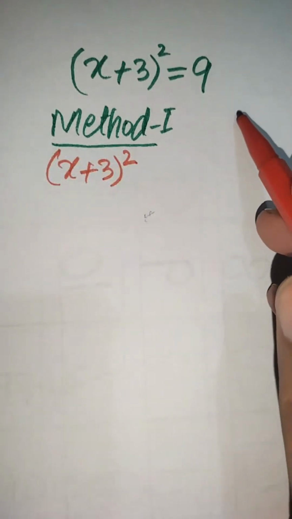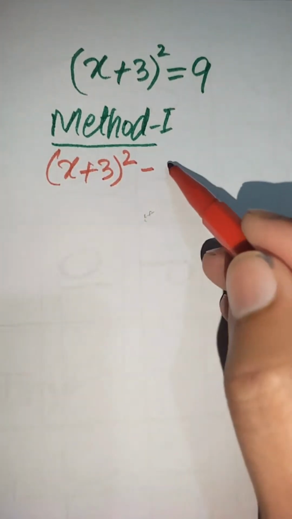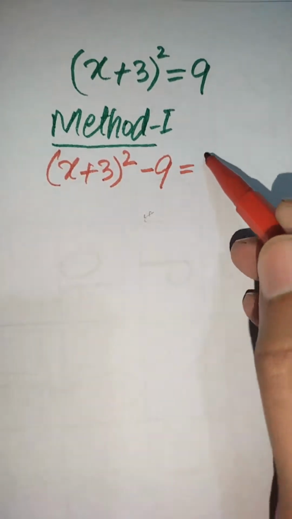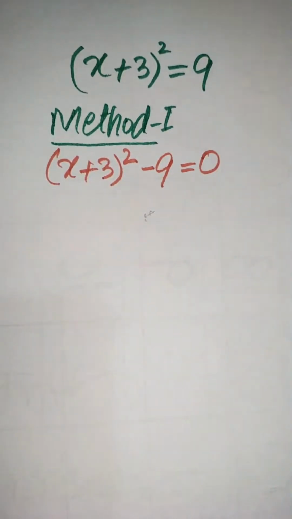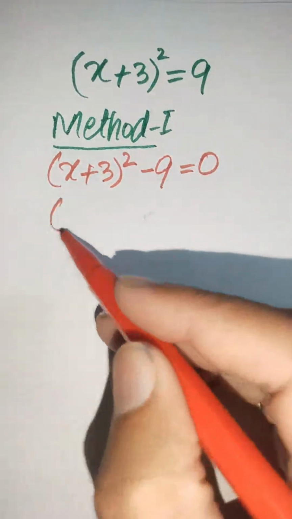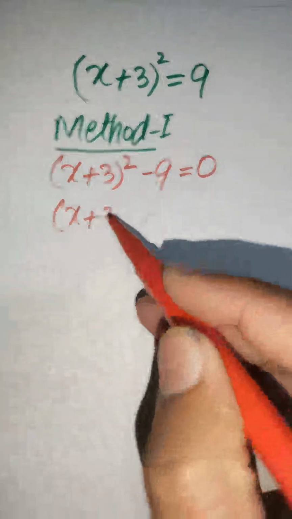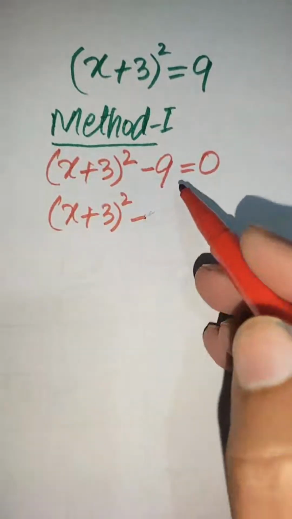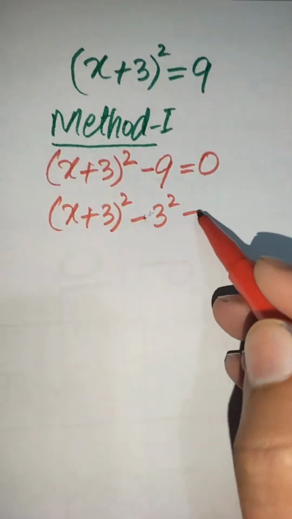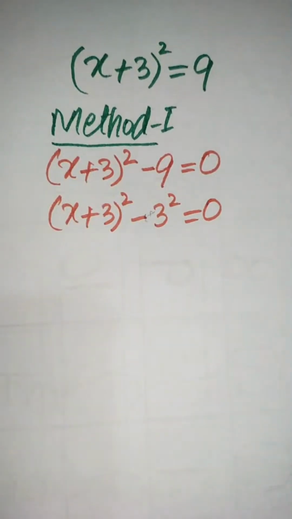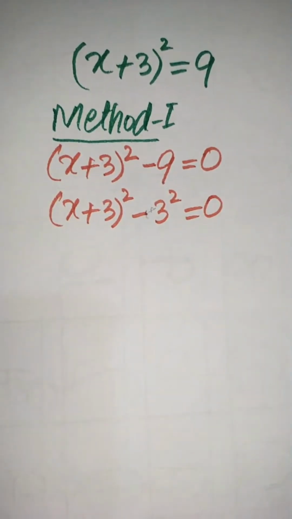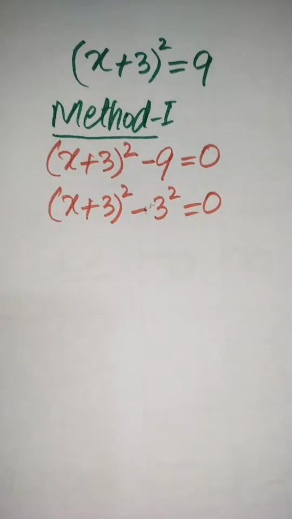This is positive 9, and when we move it to the left hand side it becomes negative 9, and this whole equation is equal to 0. Here again we focus on 9, and we write 9 as 3 squared, and this whole equation is equal to 0.